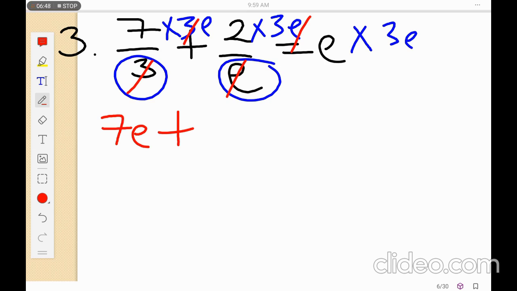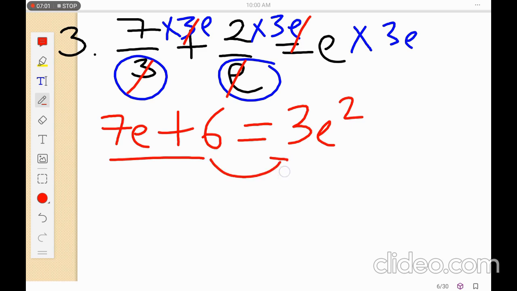We remain with 6 here, is equal to 3e times e, we get 3e squared. When I have it like this, it's easier for me to take these ones this side and they change their signs. So I'll remain with 0 is equal to 3e squared minus 7e minus 6.